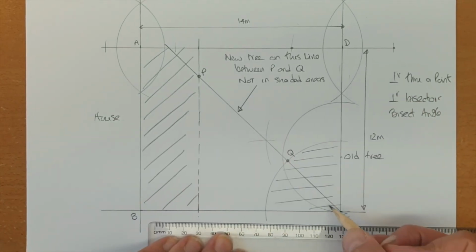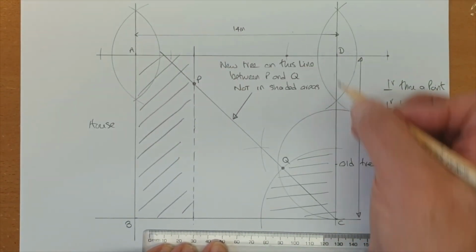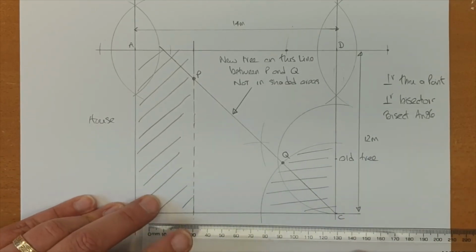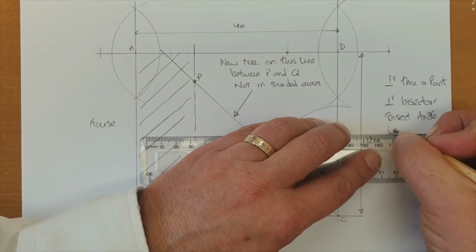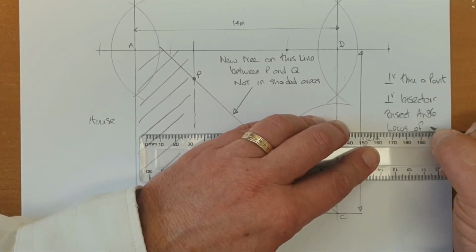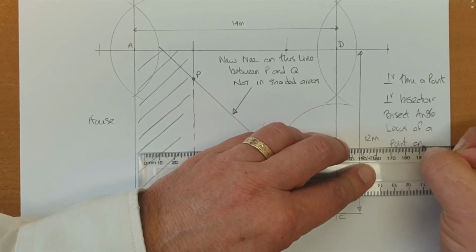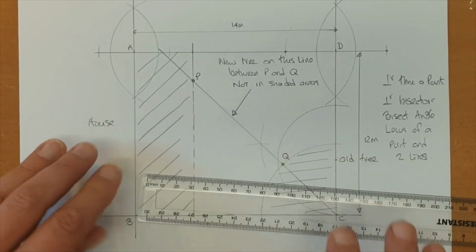This line here is the locus of all points which are equidistant from DC and BC. So we've done some loci: a locus of a point, and 2 lines. So we've done 2 loci problems there.